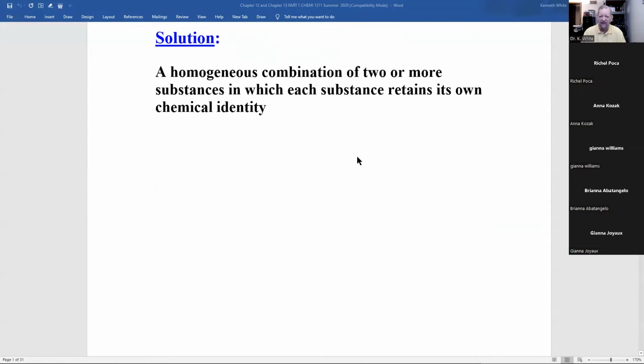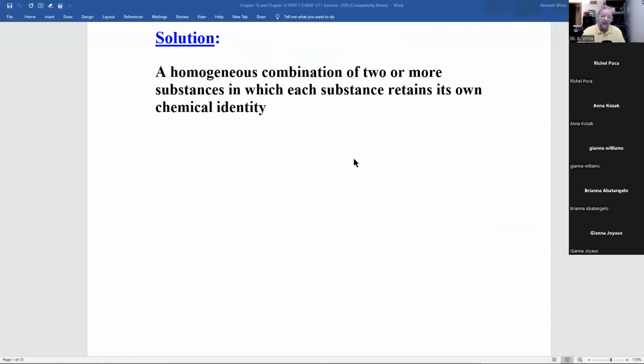And we talked about, started last week, a solution is a homogeneous combination of 2 or more substances that retains its own chemical identity. For example, my tea is a solution. You buy gasoline, that's a very complex solution.